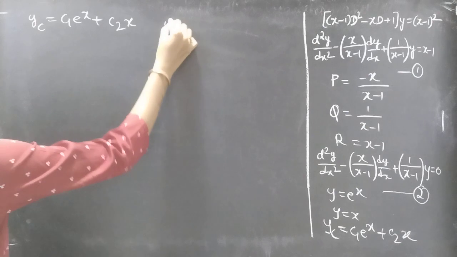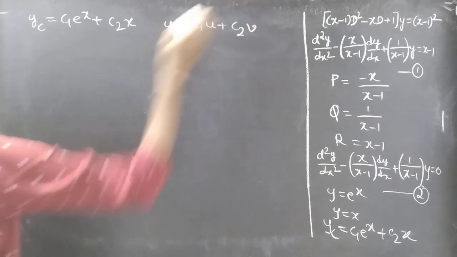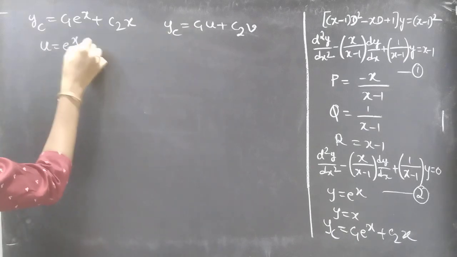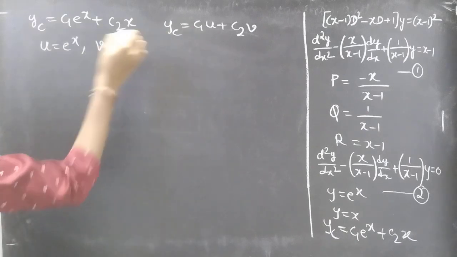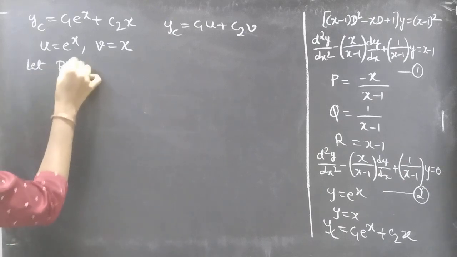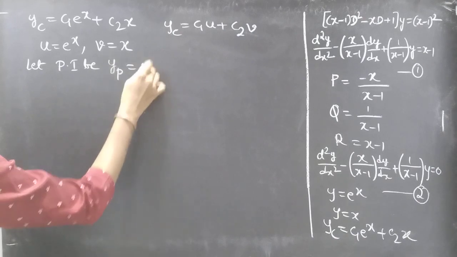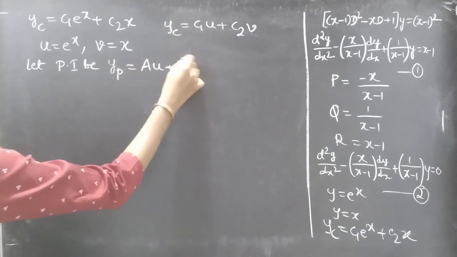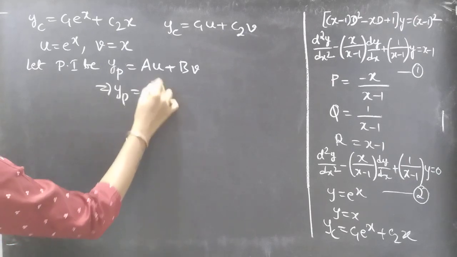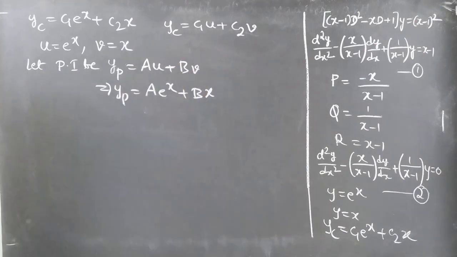Just compare it with yc equals c1u plus c2v. So by comparing these two, we get u equal to e power x and v equal to x, right? Now let the particular integral be yp equal to au plus bv. It is nothing but yp equal to a into e power x plus b into x.